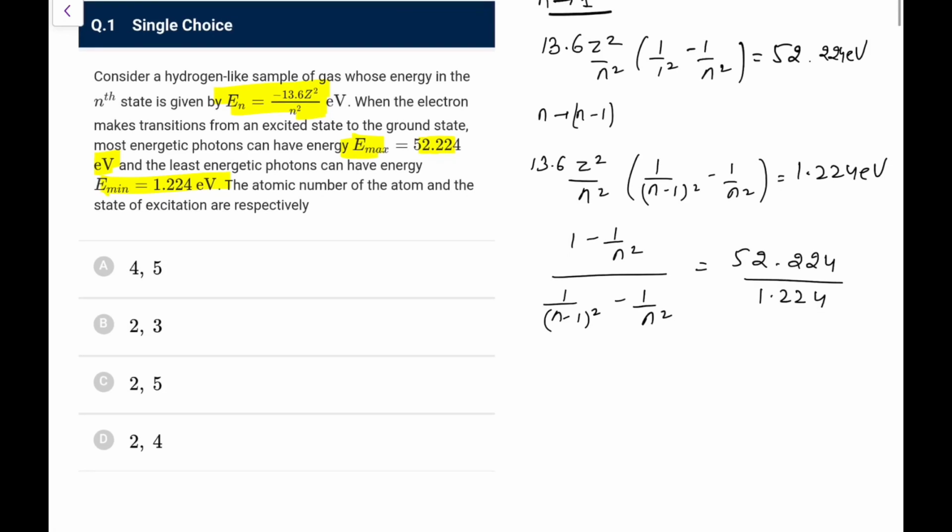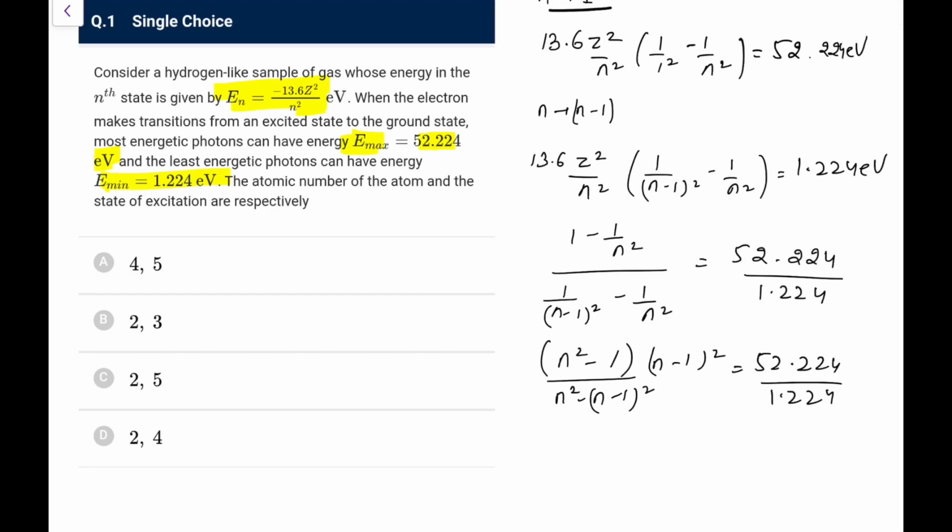If it is perfectly cancelling out, we'll check sometime later. What we can do right now is just simplify it: n square minus 1, and it will come out as n square minus (n minus 1) whole square, and then n square will cancel, but (n minus 1) whole square will remain. That is 52.224 upon 1.224.